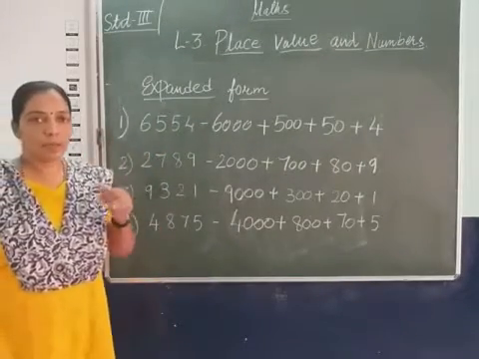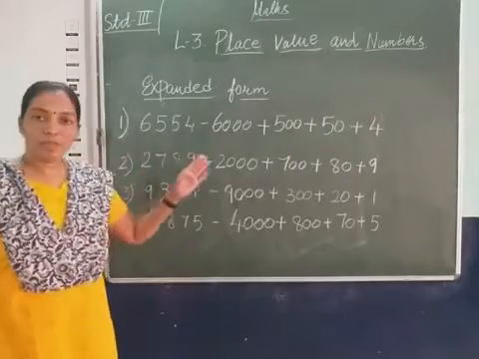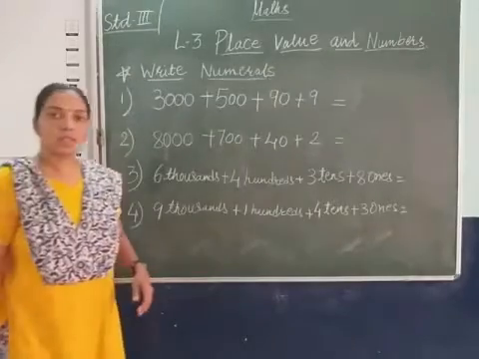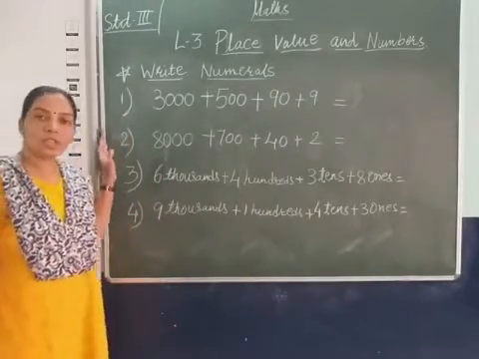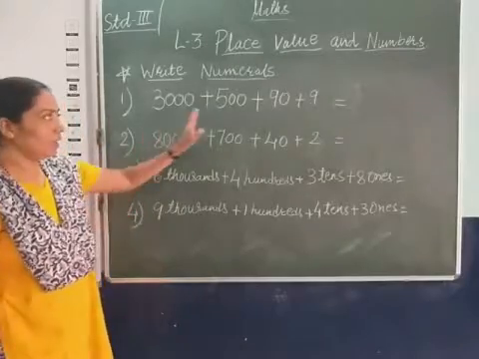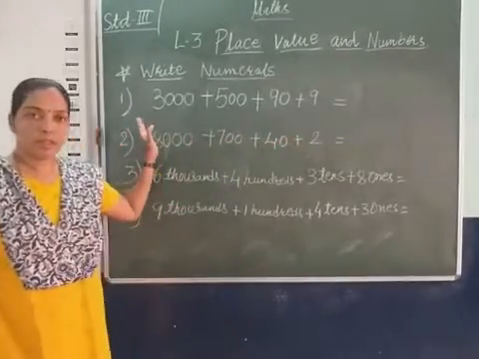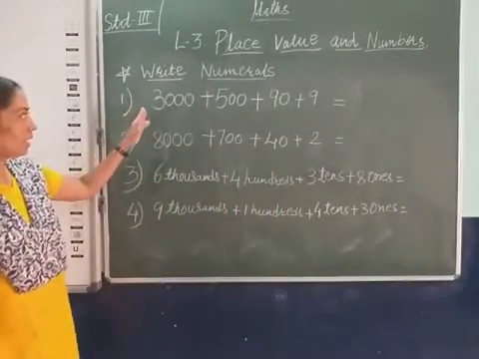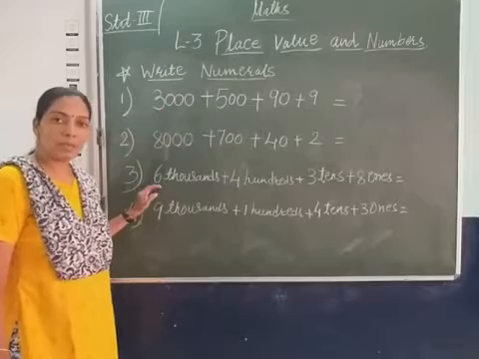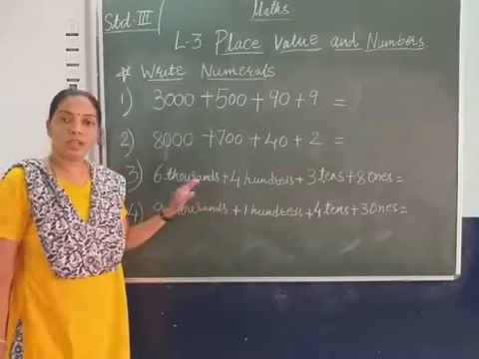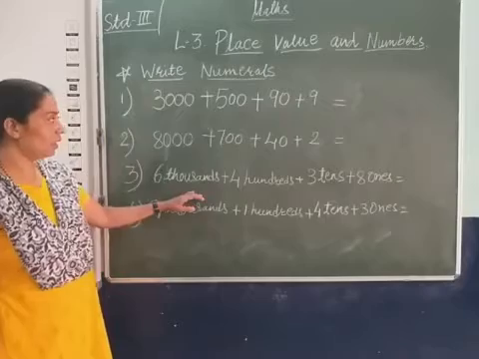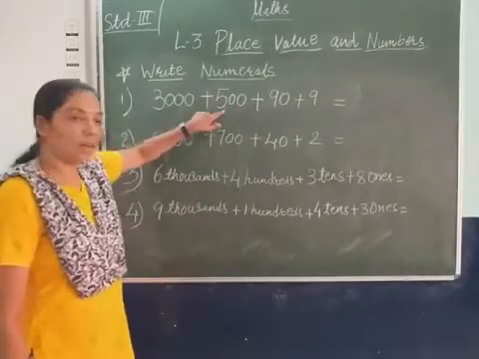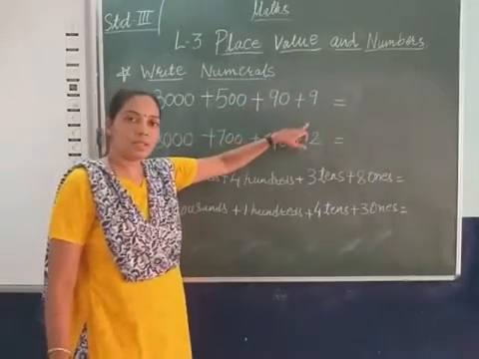Now our next point is, if the expanded form is given, we will write the number for that. Students, here the next question is write numerals. Here they give the expanded form, for that you write the number. Sometimes it is given as 3000, sometimes it is maybe given in words. 3000 plus 500 plus 90 plus 9.